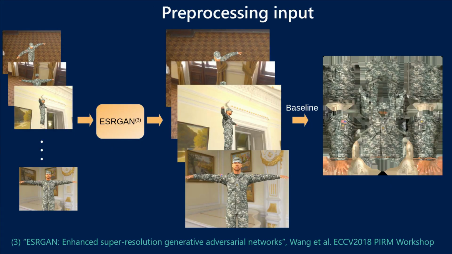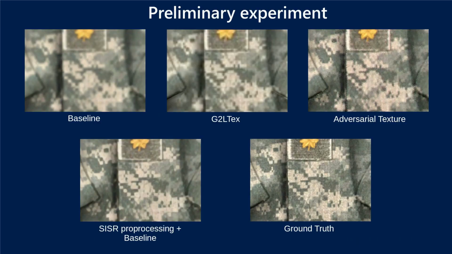So we can pre-process our low-resolution input views with a single-image super-resolution network, like ESRGAN here, for example, and then use the enhanced views as input for our baseline. And in our experiments, it turns out that this is better than the state-of-the-art methods run on low-resolution images, both numerically and visually. And this time we do get high-frequency content.